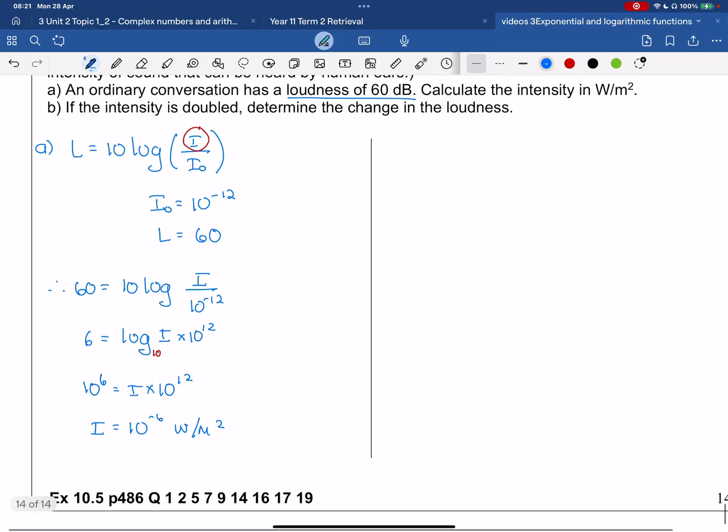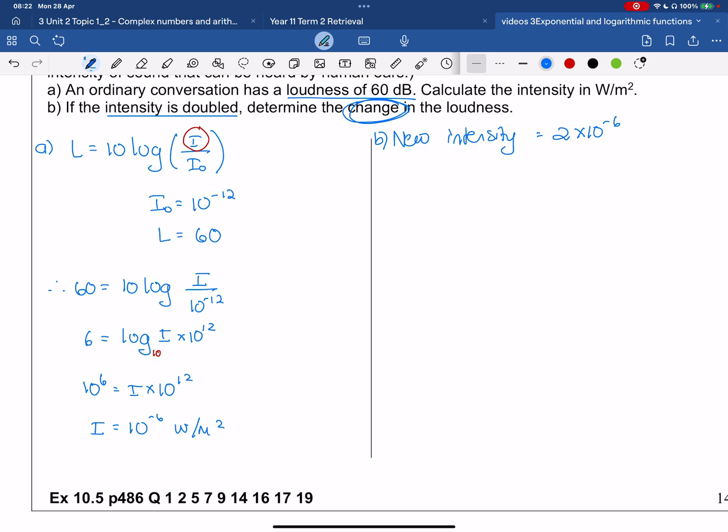All right, now that says if the intensity is doubled, determine the change in loudness, not the actual new loudness, but the change in loudness. So if I want to double my intensity of 10 to the negative 6, well, I just times it by 2. So new intensity is going to be 2 times 10 to the negative 6.